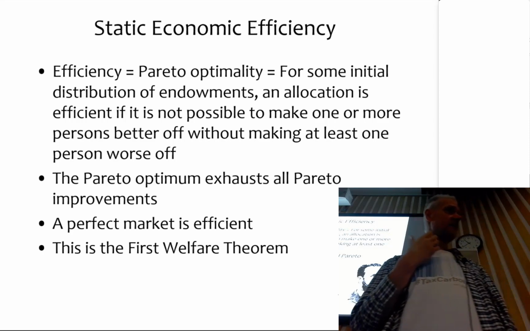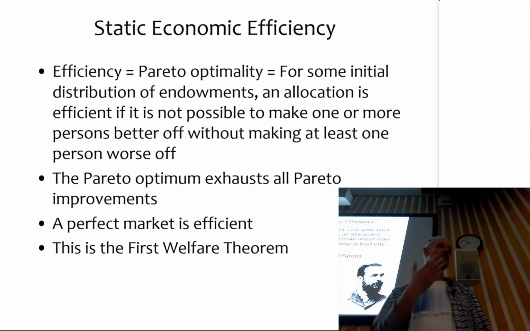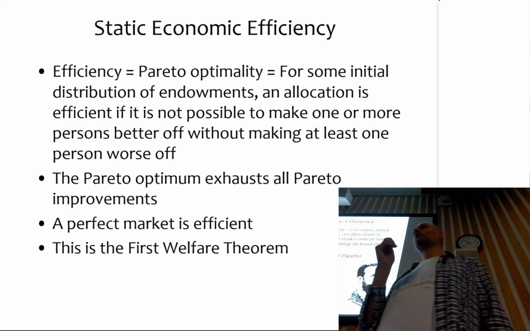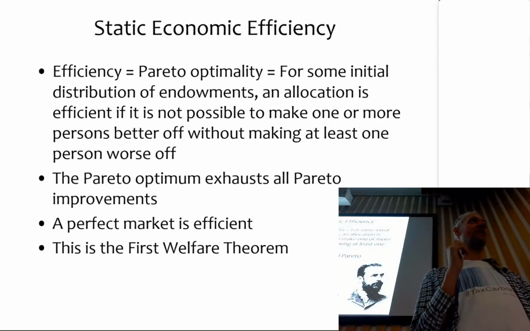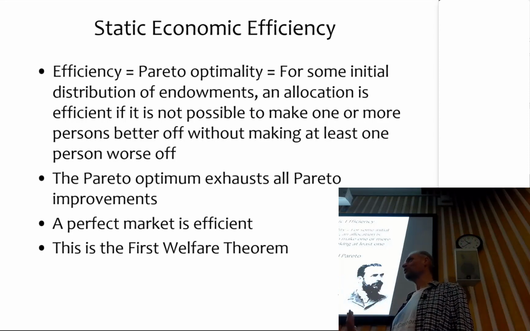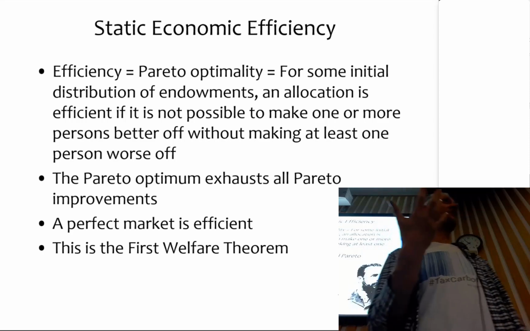A distribution or an allocation of endowments is efficient or Pareto optimal if it is no longer possible to Pareto improve on that situation. We call it Pareto optimality, which is a nice and obscure term, although it's easily confused with optimality, right?